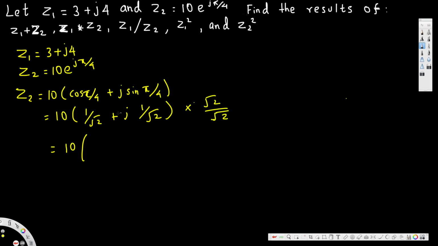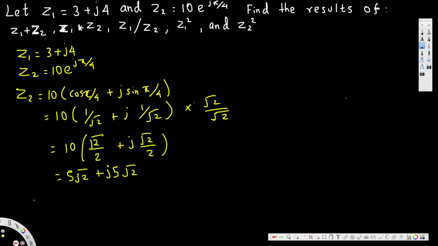If you multiply the top and bottom by root 2, you will get 2 by root 2 by 2 plus j root 2 by 2, and this will turn into 5 root 2 plus j 5 root 2. Okay, this is our z1 and z2.